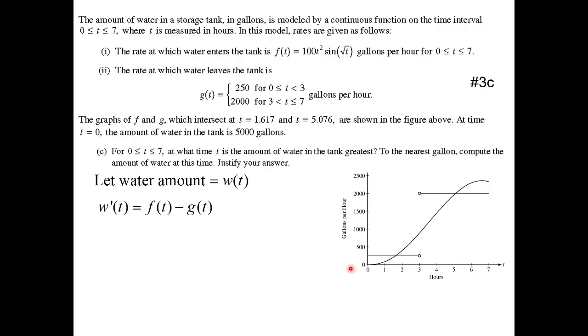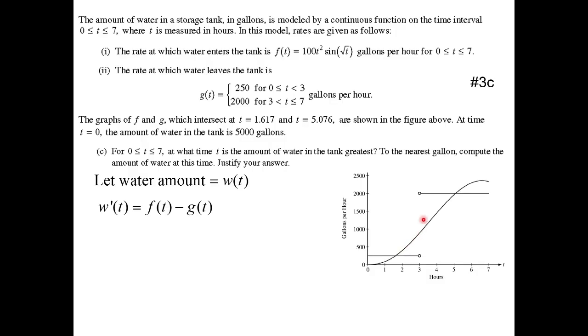Just looking at the graph, I'm looking for places where we're going from f being higher to f being lower than g of t. Because when f is higher, this comes out positive, and when f is lower, this comes out negative. So when we start off, f is lower. F doesn't get higher until we get past this 1.617 spot, and then f is higher until we get to 3.